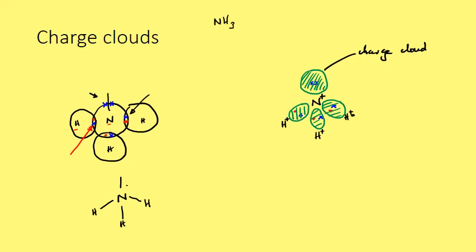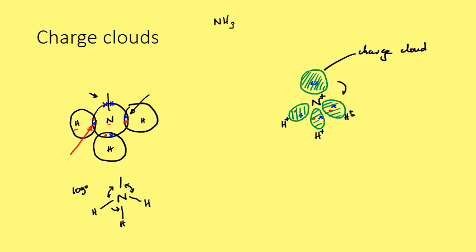You might expect all these bond angles to be the same, right? The way that we've drawn it first. All those bond angles would be the same, and if they were the same, remember it's 3D, they'd be 109 degrees. But they're not like that, because there is more repulsion.